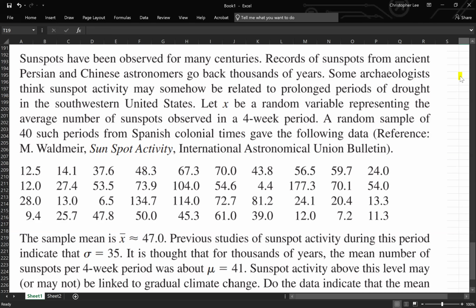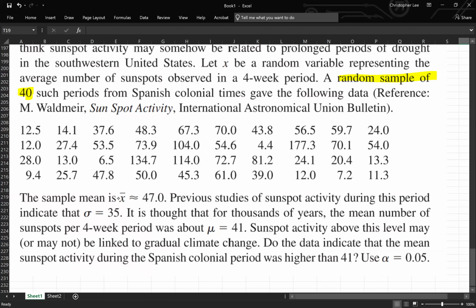Okay. Some archaeologists think sunspot activity may somehow be related to prolonged periods of drought in the Southwest United States. Let X be a random variable representing the average number of sunspots observed in a 4-week period. A random sample of 40 such periods from Spanish colonial times gave the following data, with the sample mean X bar equal to 47.